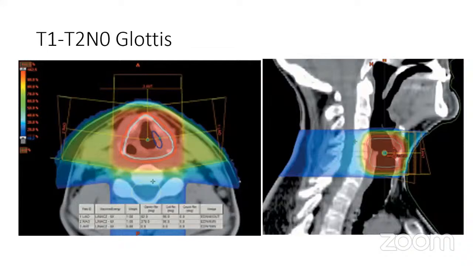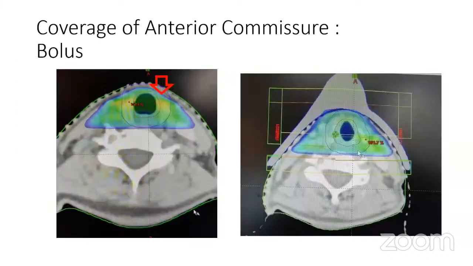And this is probably more important for a LINAC, for a 6MV beam, than even for a cobalt. So I think it's important that while we all do our fancy IMRTs, etc., we do remember to treat glottic cancers with a bolus. So that's why we need to treat it with a bolus.